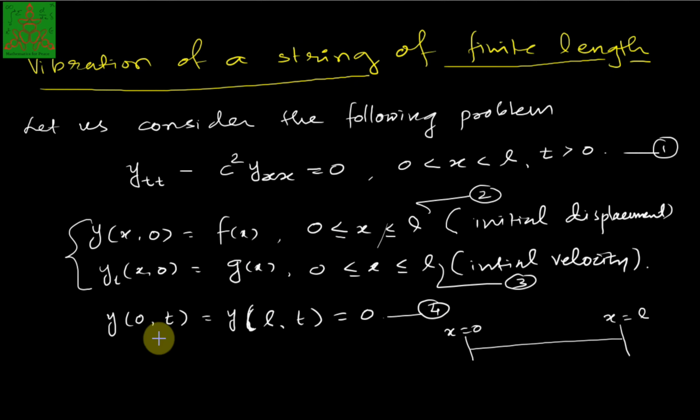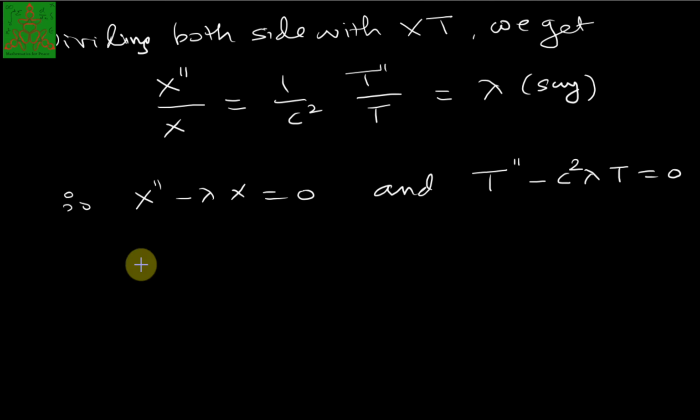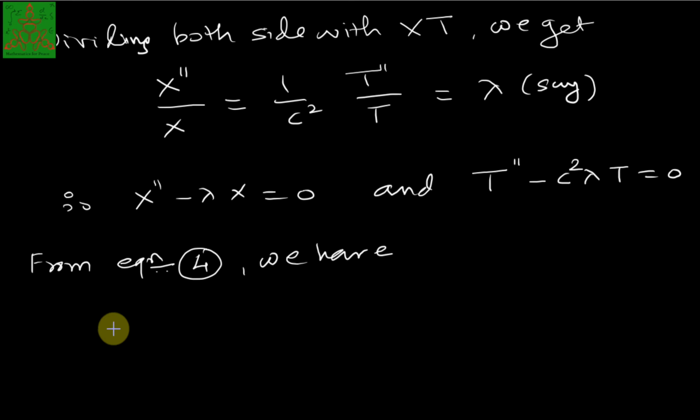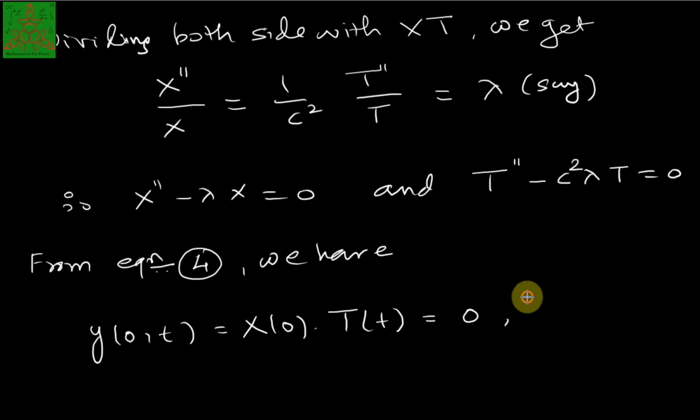So first of all, let us use the boundary condition, that is y of 0, t is equal to 0. If I use that boundary condition here, from equation 4 we have y of 0, t is equal to x of 0 into T of t, that is equal to 0 for every t greater than or equal to 0.